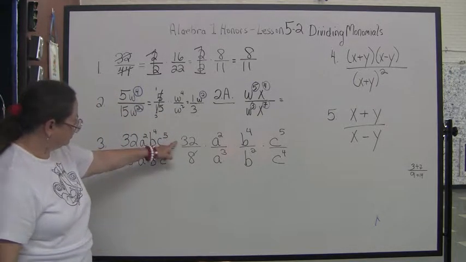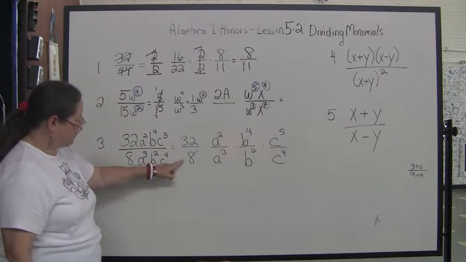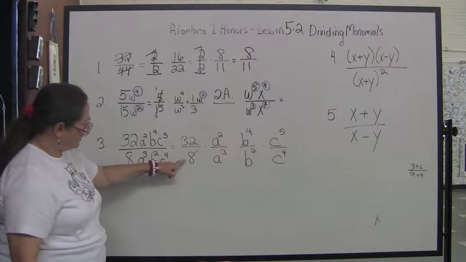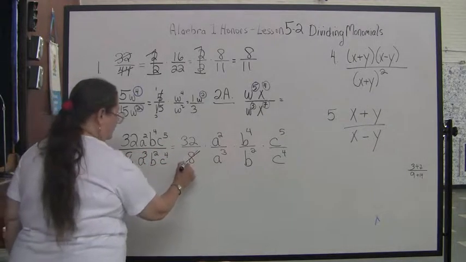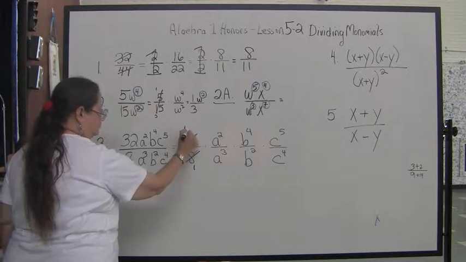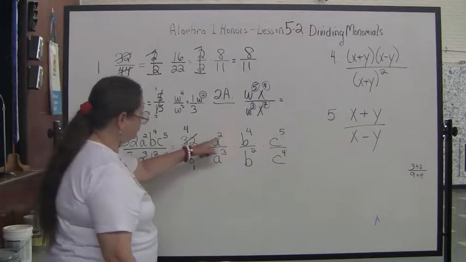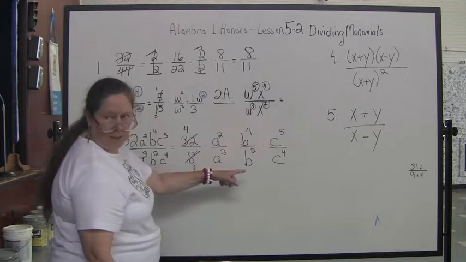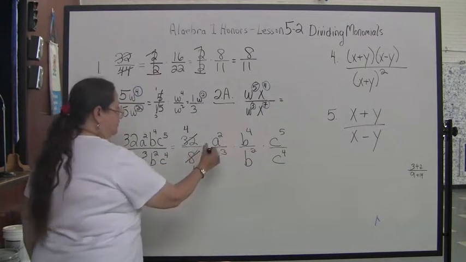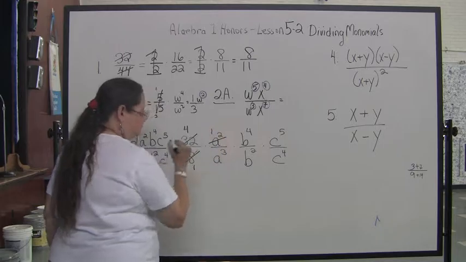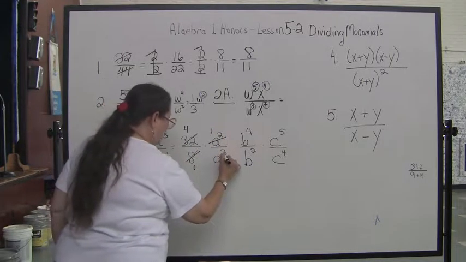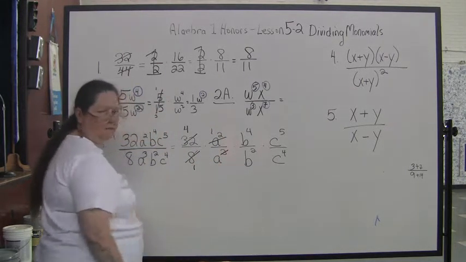Right? So, largest number, I think I can see it here, it's going to be an 8. 8 goes into 8 once, 8 goes into 32 4 times. So I reduced that one. I have 2 A's on the top here, 3 A's on the bottom. The ones up here are going to cancel. I'm just left with a 1, and I'll have 1 A left on the bottom.